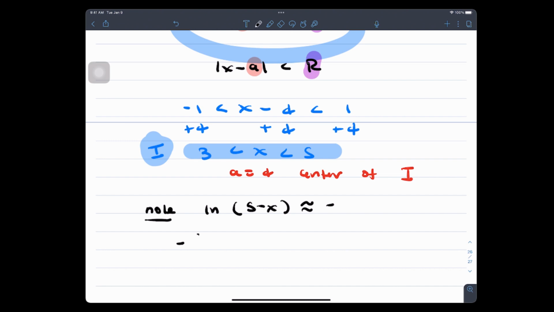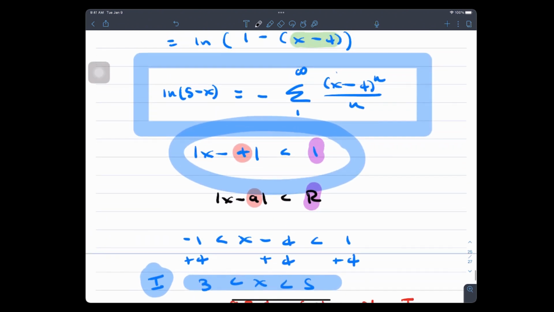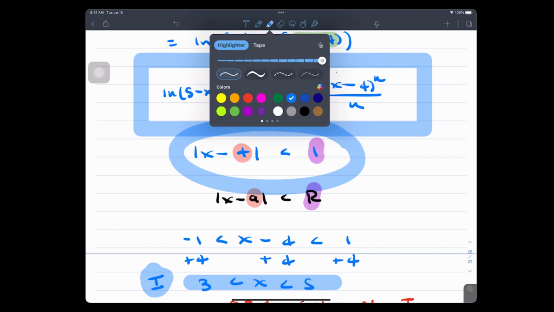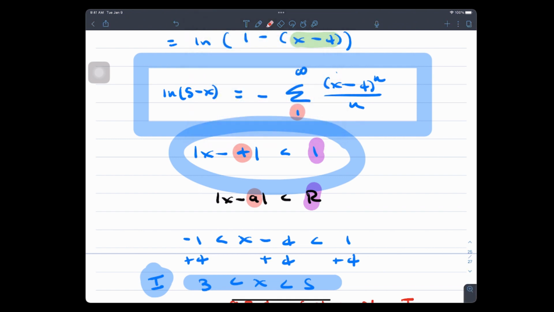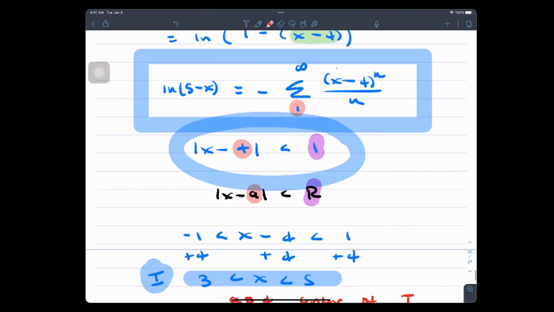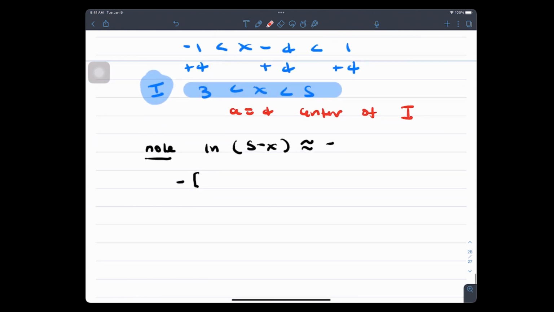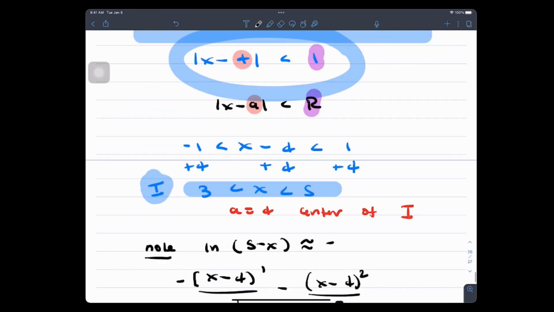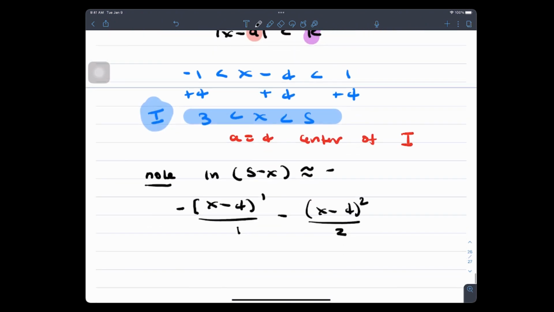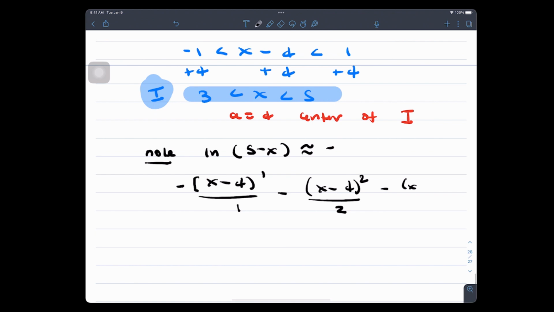I'll put the negative sign here. And n can't be 0, it has to be 1, sorry. So it'll be x minus 4 over 1, okay? So you have x minus 4 to the 1 over 1, minus x minus 4 squared over 2, is that true? Yes, now minus x minus 4 cubed over 3.